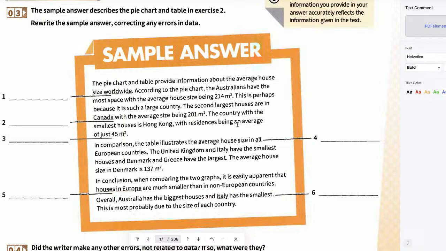Yeah, it's quite all right, but if you combine like that, then it's a little bit confusing. Okay? Because if you say the pie chart and the table provide blah, blah, blah, and then you say in some selected countries and also in some selected European countries, it's kind of a mess. Okay? You must separate them.